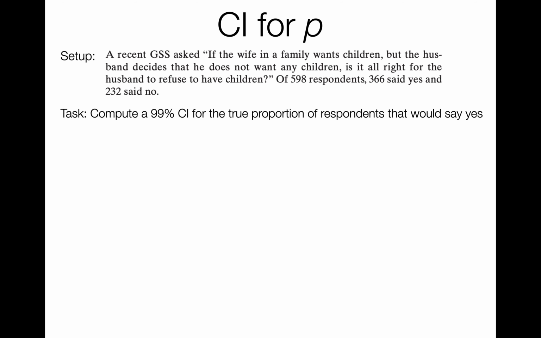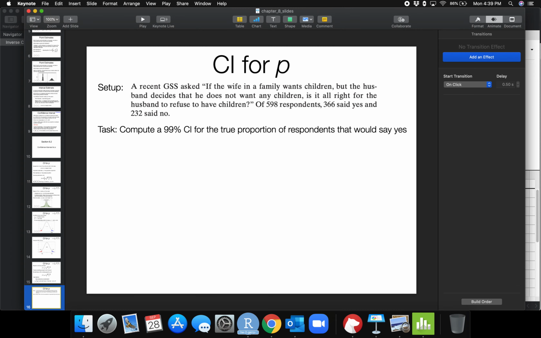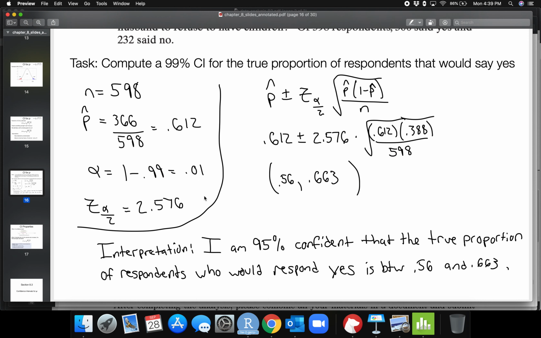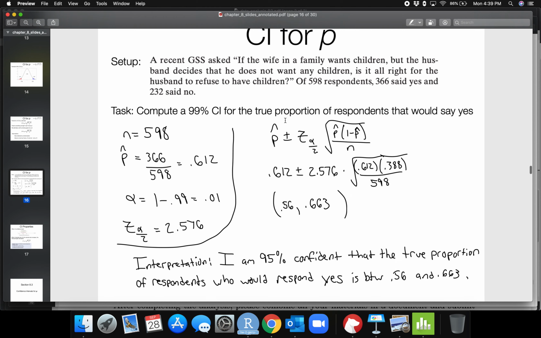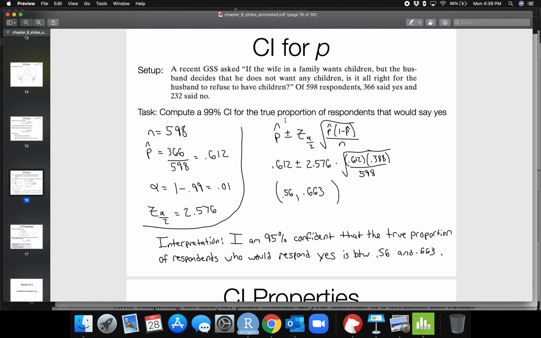I've already done this work in order not to compromise the quality of this video, and so here I have all the work, and I'll talk through it very slowly so that you can write it all down.